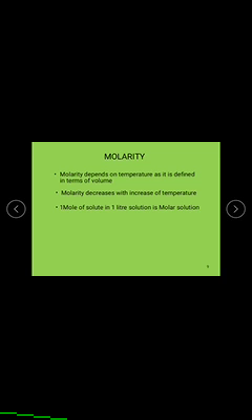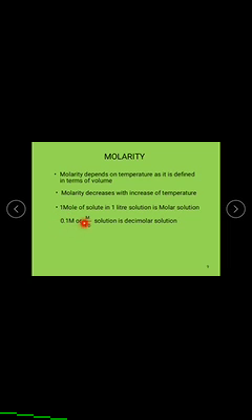For example, 1 mole of solute in 1 liter of solution is called a molar solution. If the molarity of the solution is 1 M, it is a molar solution.